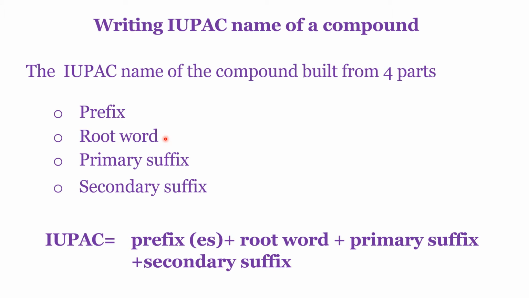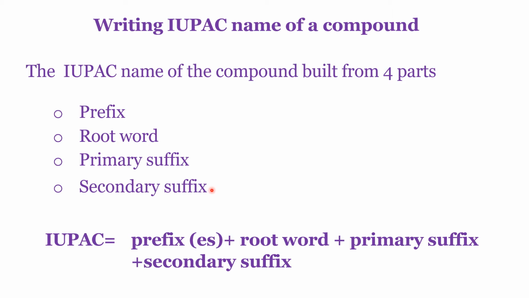The third one is primary suffix, which gives us information about the degree of saturation, that is, whether the compound consists of all single bonds or if some are double bonds or triple bonds. The last one, the secondary suffix, gives us information about the priority functional group.